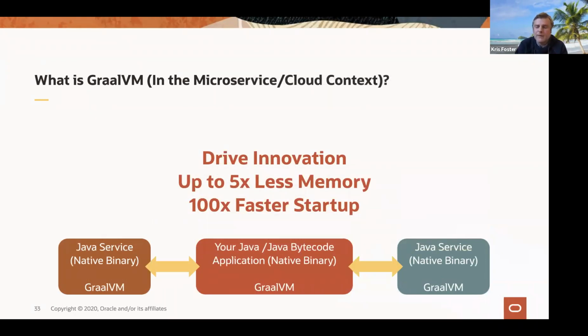With the native image tool, you can shrink the applications down in size, so we can have less memory usage and faster startup times, and a single file. You can package them as a single file, which I think is really interesting. Once you have a single package file, you can use smaller containers.